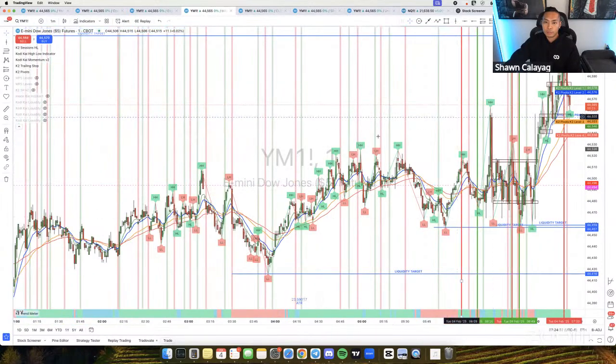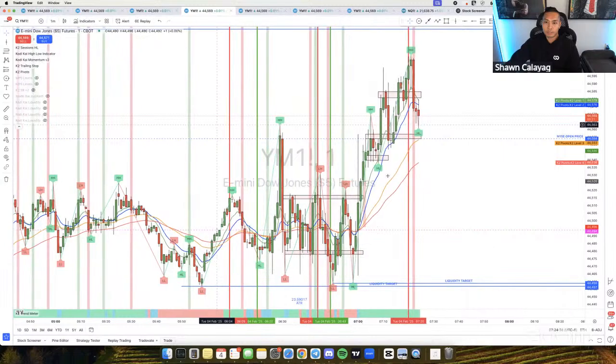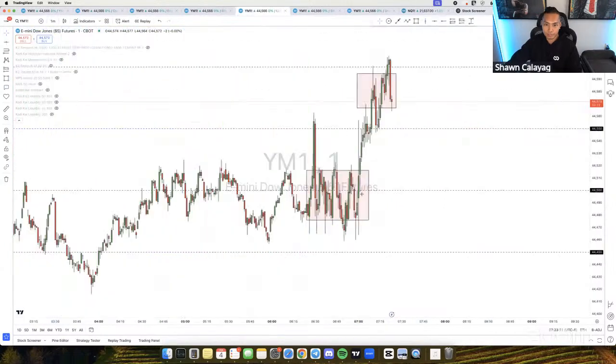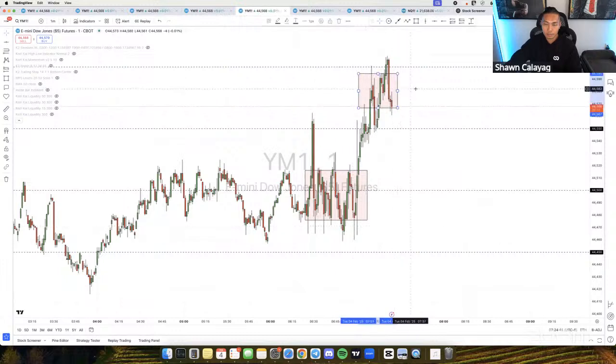Man, what a messy market. Just looking at the choppiness for today, and you can't see it too well here because there's so much stuff on the chart, but such a messy market. This here pretty much ranged and consolidated for about an hour, pushed up here, back into a new range consolidation.